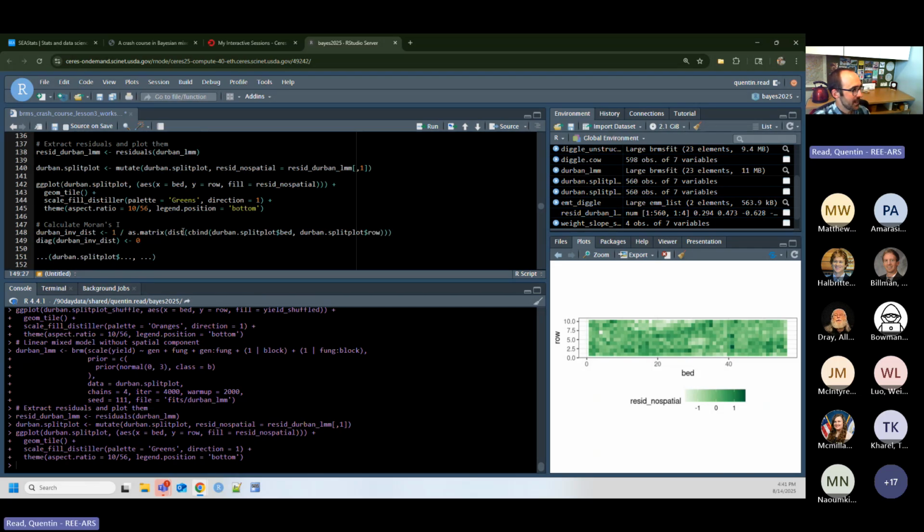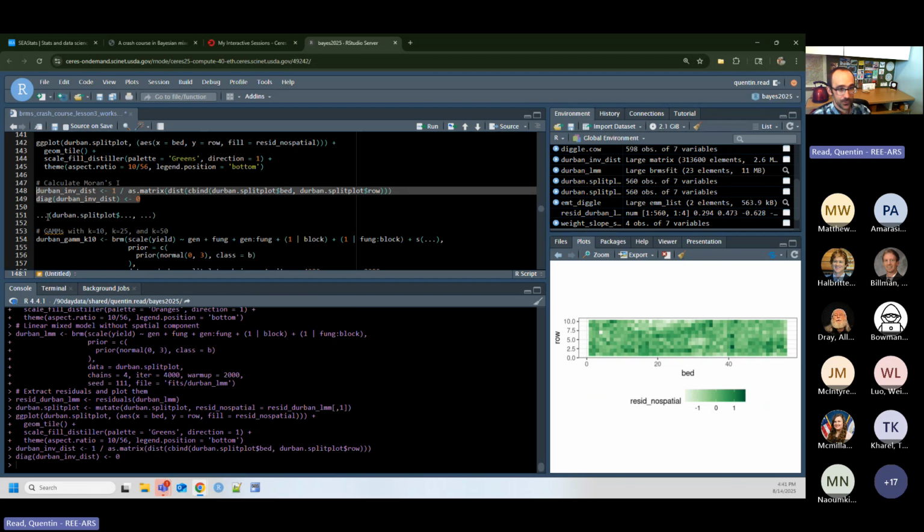Then we combine those into a matrix using the function dist to get the distance between each pair, convert that into a matrix and take 1 over that. Then we have to set the diagonal of that matrix to 0 so that the distance between any plot and itself is 0. I'm going to run this code here.